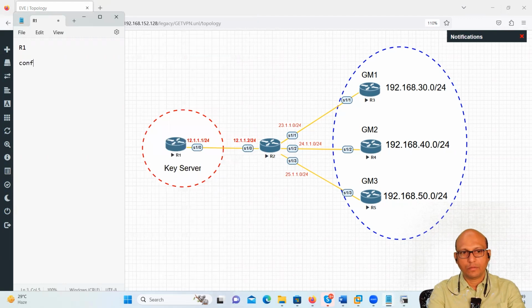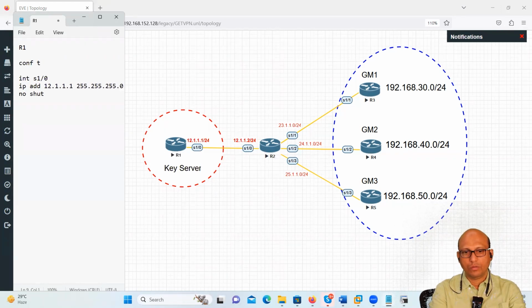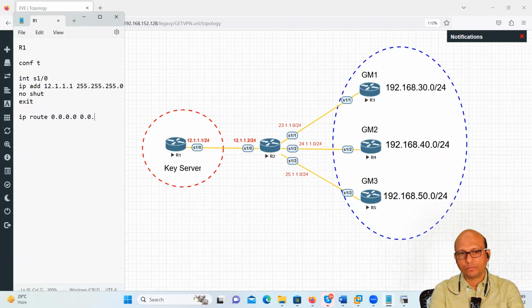R1 config t, interface S1/0, IP address 12.1.1. Some default route pointing towards.